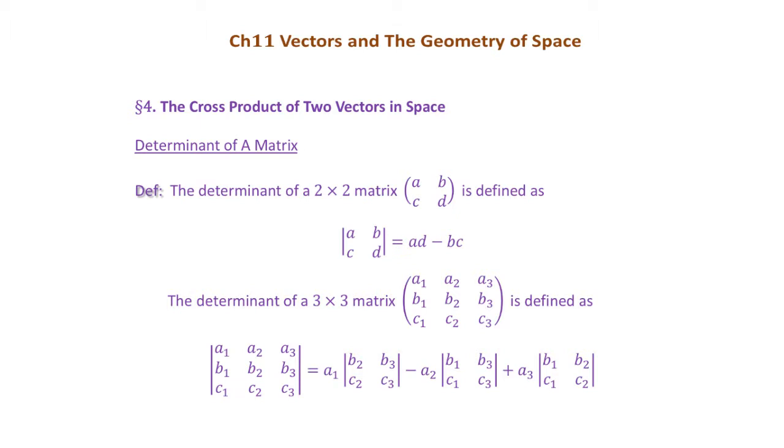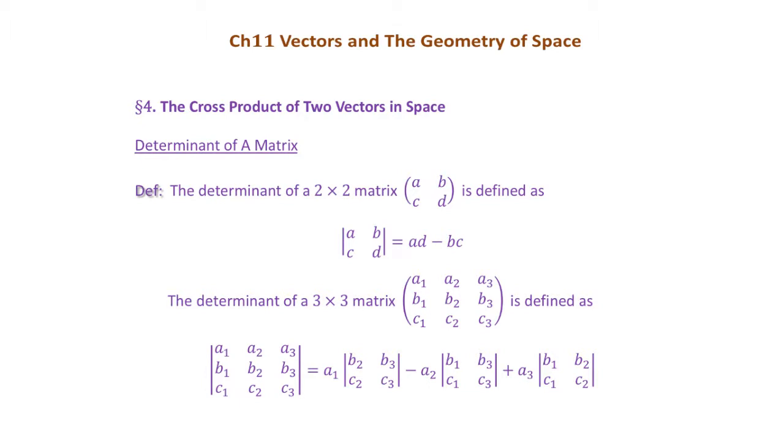And then you go to the next entry in the first row, A3, and you come back to a plus sign. Remember, when we do A2, you subtract, but when you add A3, it becomes positive again. And then just do the same thing. You delete the first row and the third column. That's how A3 is located, right?